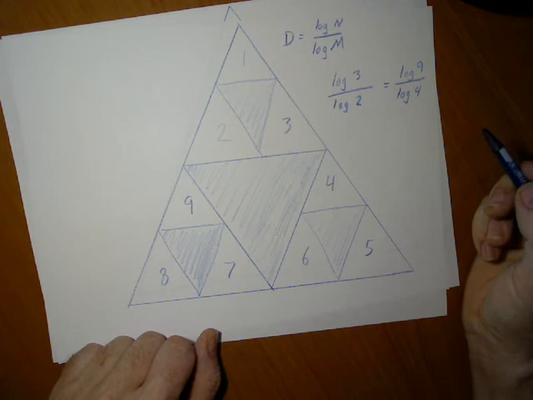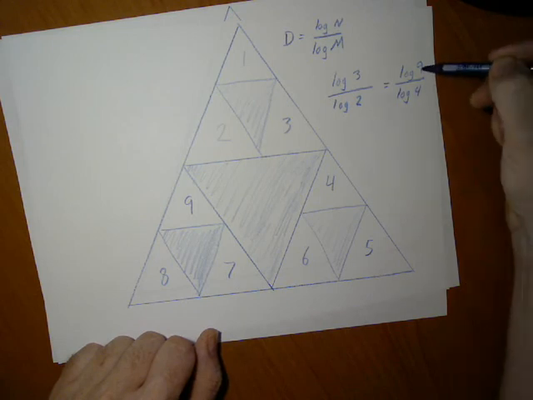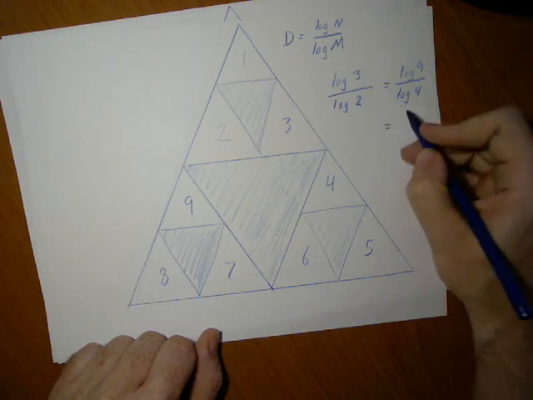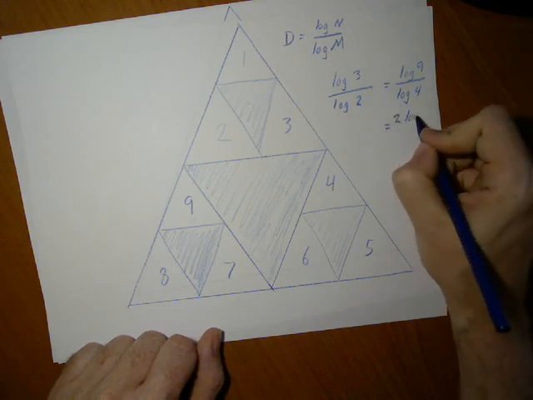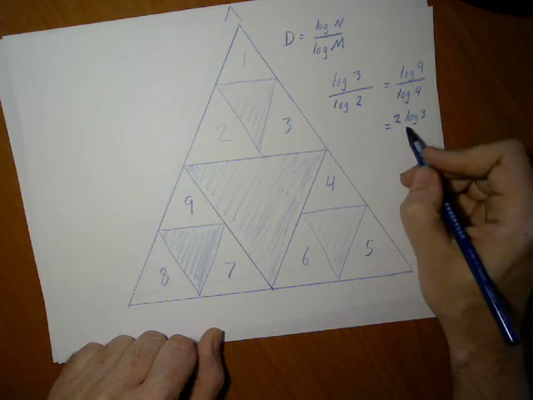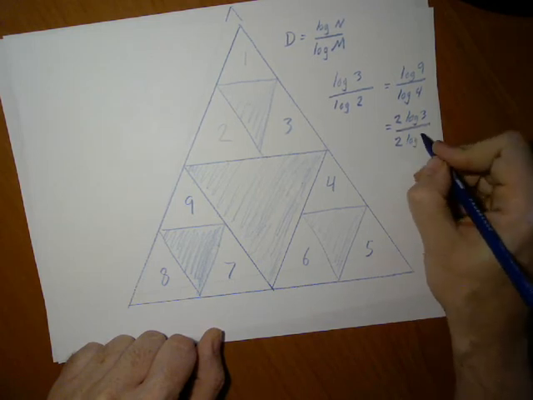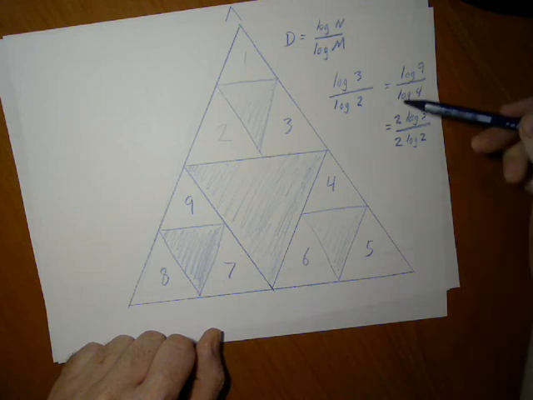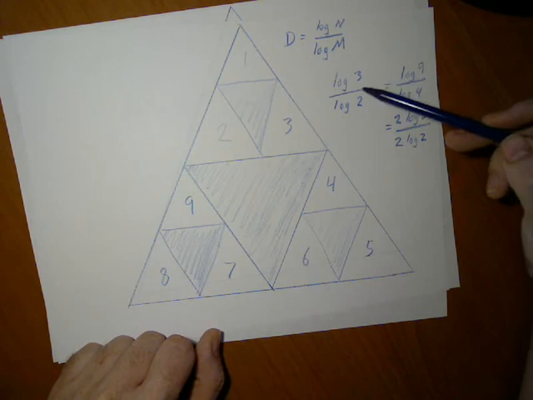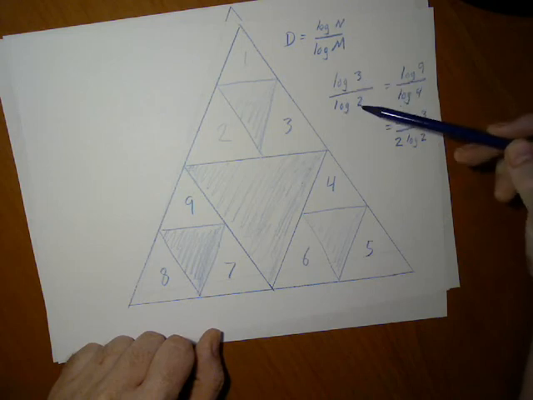If you remember your properties of logarithms, then we can write log 9 over log 4 as 2 log 3 over 2 log 2. Of course, the 2 over 2 cancels itself out, and we are left with log 3 over log 2.